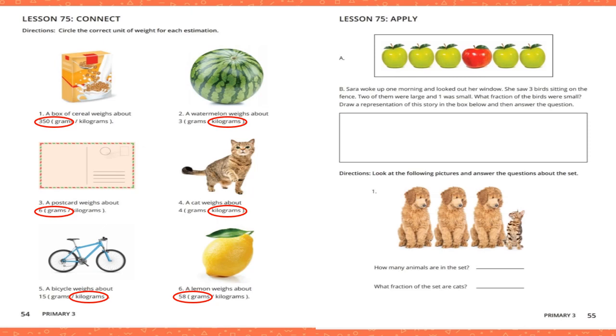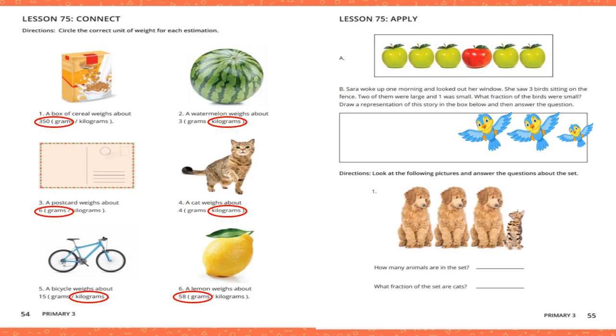Letter B. Sarah woke up one morning and looked out her window. She saw 3 birds sitting on the fence. 2 of them were large and 1 was small, like this. What fraction of the birds were small?